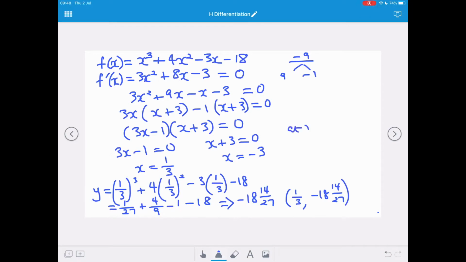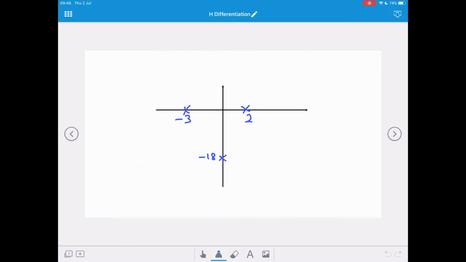Now we already know that at x equals negative 3, y equals 0, so our other stationary point is at the root negative 3, 0. And we're going to plot these points onto our Cartesian grid. So we've already got our negative 3, 0 plotted, and our other point is going to be at a third, negative 18 and 14/27.